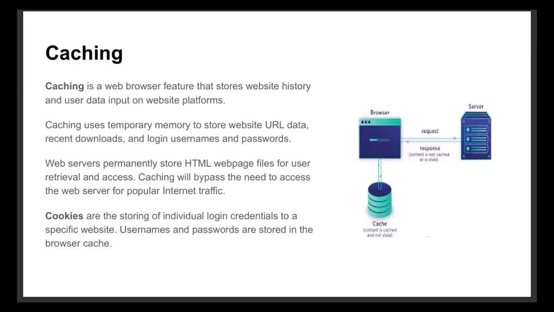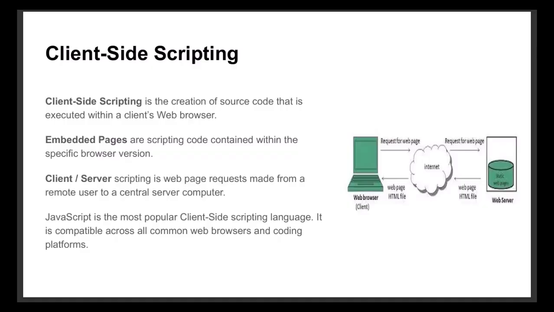Next, we're going to discuss client-side scripting. Client-side scripting is when we use a scripting programming language to create code that can be executed and run within a web browser. It is a best practice in your web browsers to disable client-side scripting. And it's important to understand why.